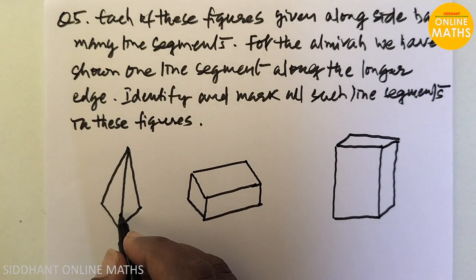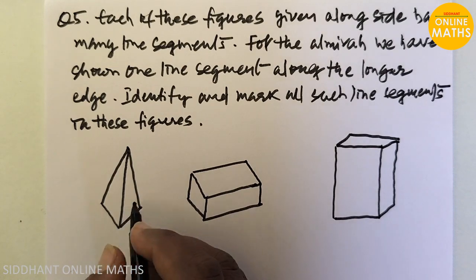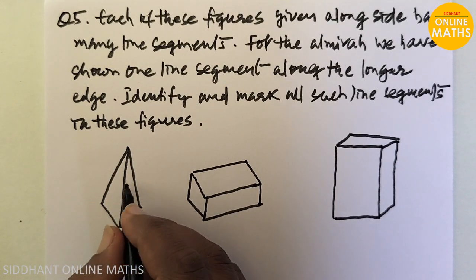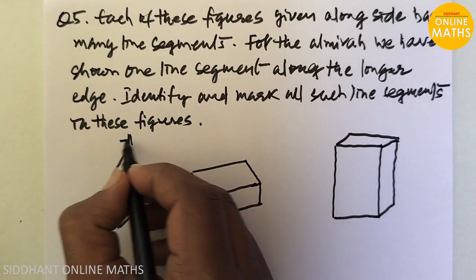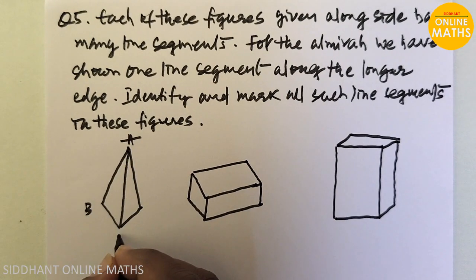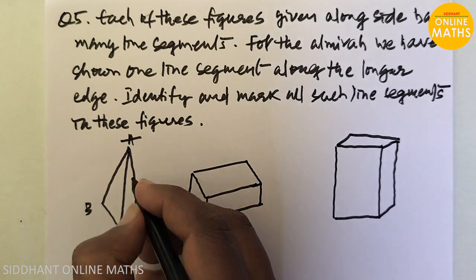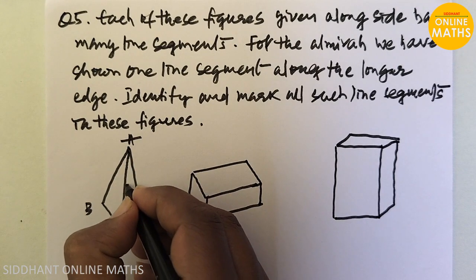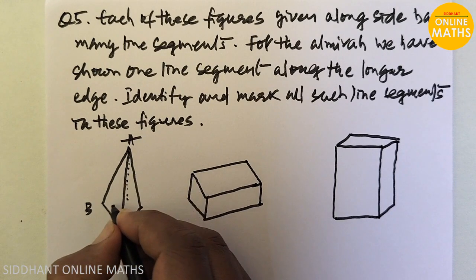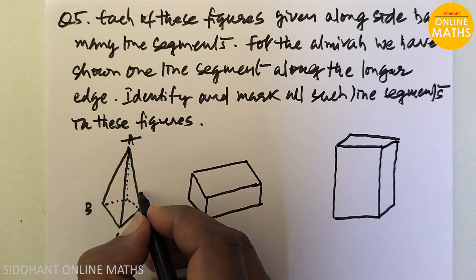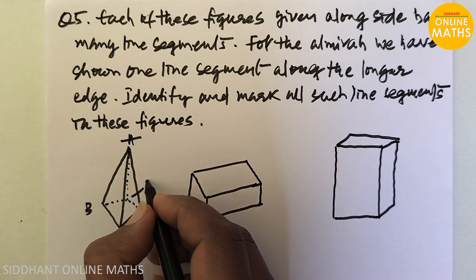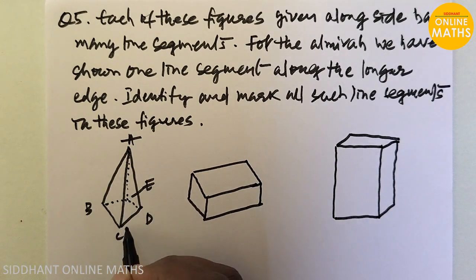So here, the first figure, when you are going to see, is a figure of a prism. Suppose you point it as A, B, C, D, and on the backside you are going to see one more point here, okay, so this point you can say as E. So this is the figure.